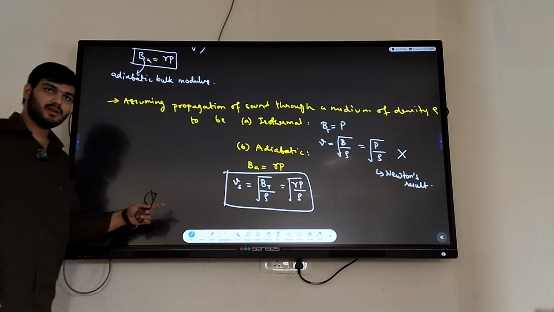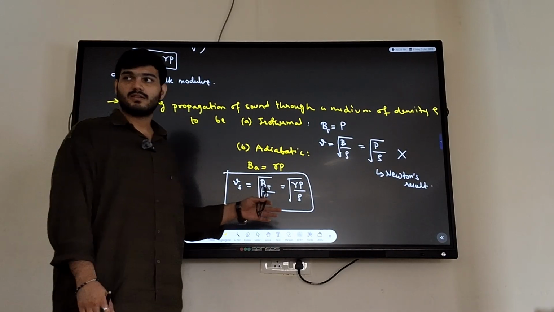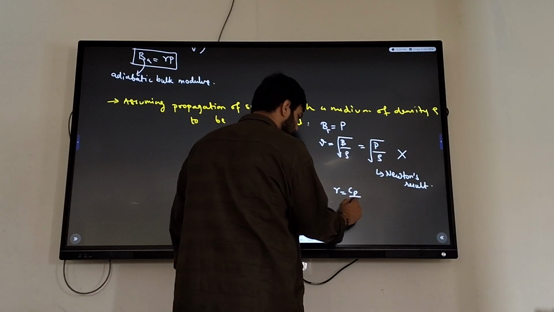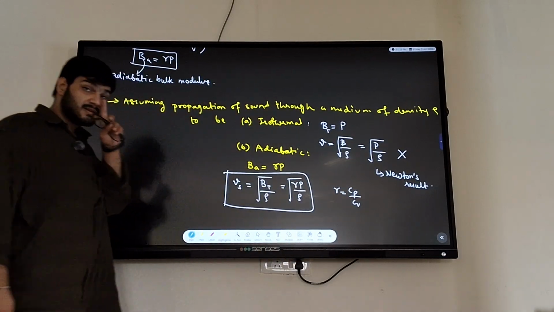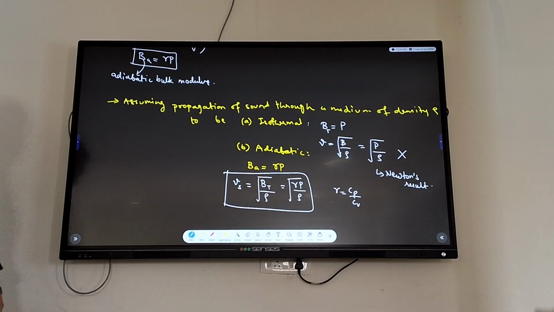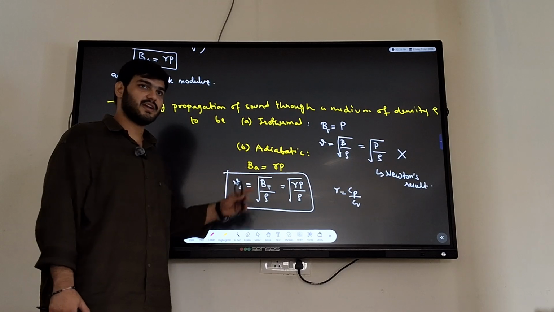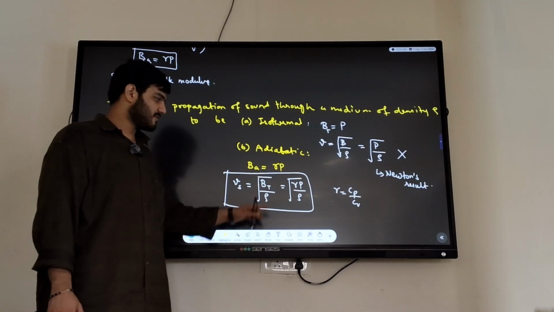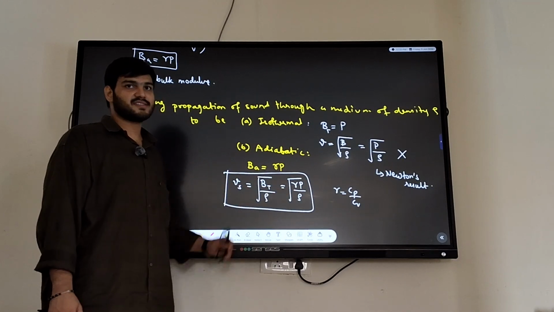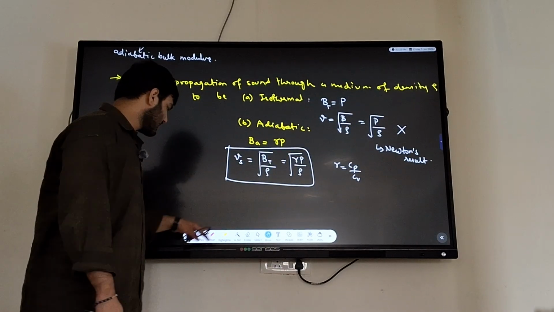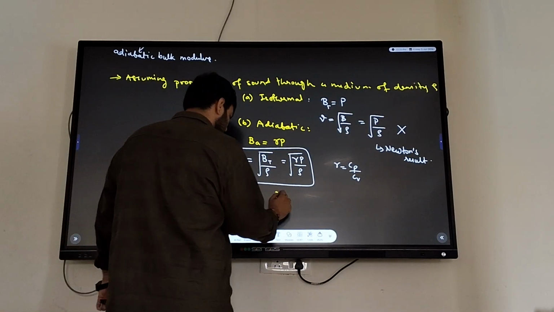What is that gamma called? CP by CV. That's gamma equal to Cp by Cv, and this result is called the Laplace correction. Maybe after 100 or 200 years, Laplace came and assumed that sound propagation should be an adiabatic process. If you follow this result, you'll get exactly correct answers. So this is called Laplace's correction factor.